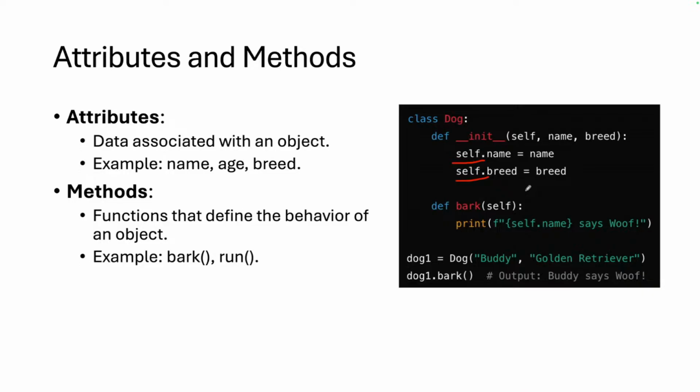So when you create a network, you have to say self.layers and define the layers of your network. And when you define your activation function, you have to say self.activation and define your activation function.